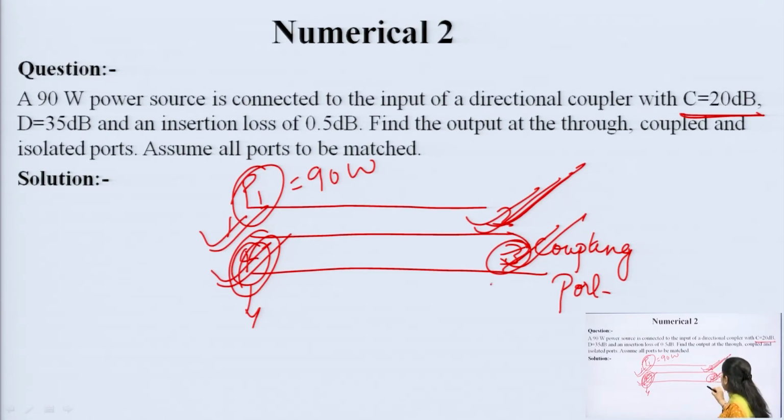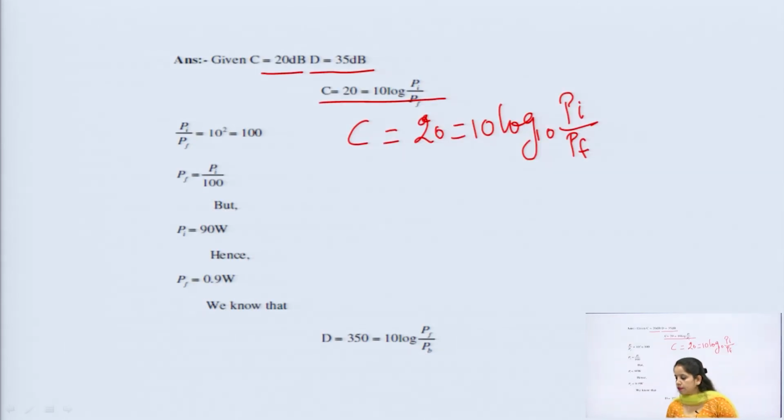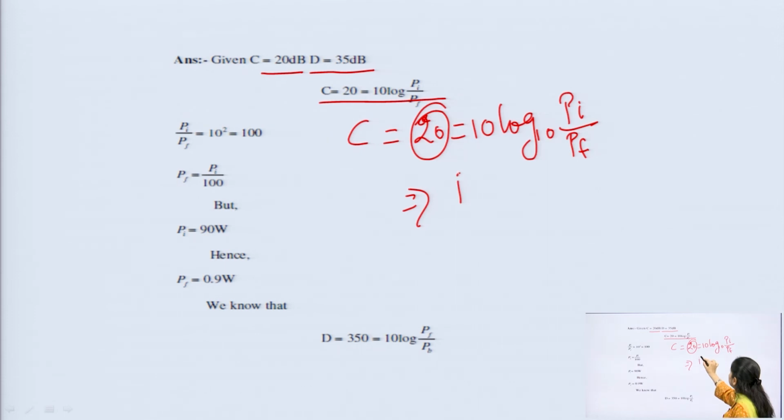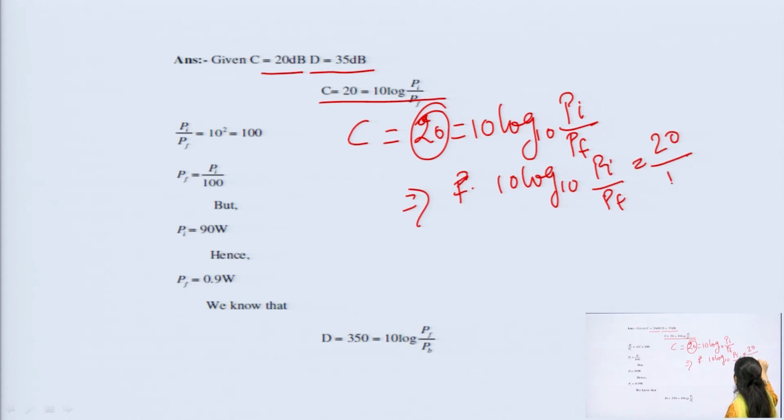This is our third port. So, we are going to solve it. For this what we do? First of all, 10 log to the base 10 Pi upon Pf is equal to 20 upon 10 and it is equal to 2.